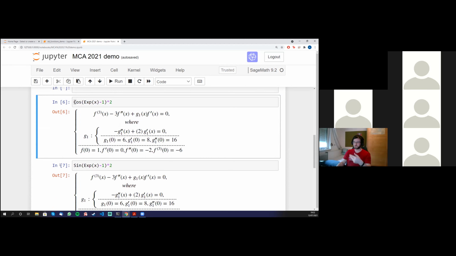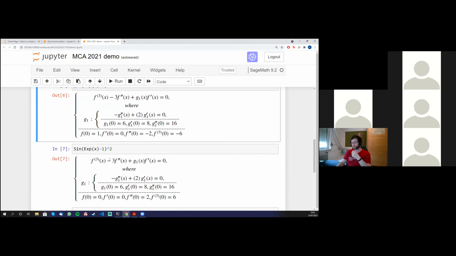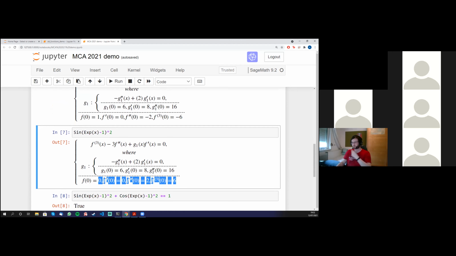And you can do the same, for example, with the sine of the exponential of x minus 1 squared, and you get another differential equation very related since sine and cosine are really close, but different initial conditions, as you may see here. So here the initial conditions were 1, 0, -2, -6, and so on. And here it is 0, 0, 2, 6, and so on.